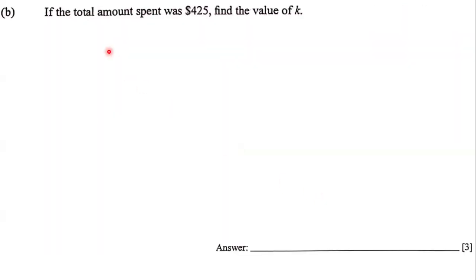Next, the question says, if the total amount spent was $425, find the value of K. The expression for the total amount spent is 5K plus 50. That's the expression that we just got from the previous question. Now they're telling us that the numerical value for the total amount spent is $425.